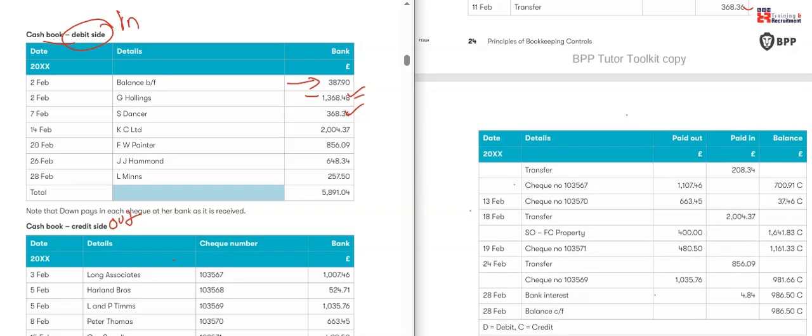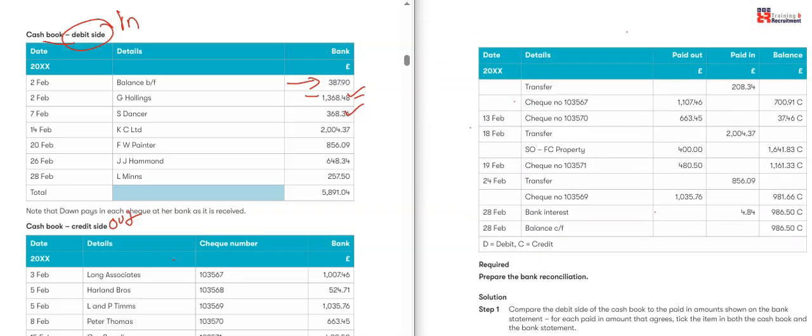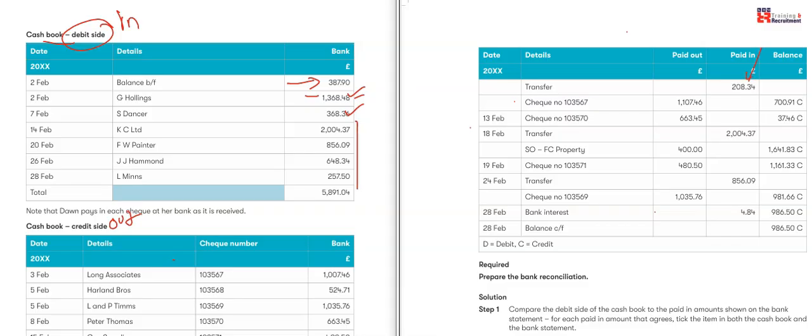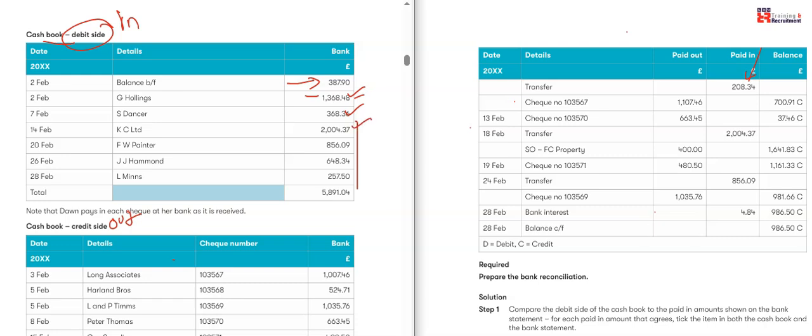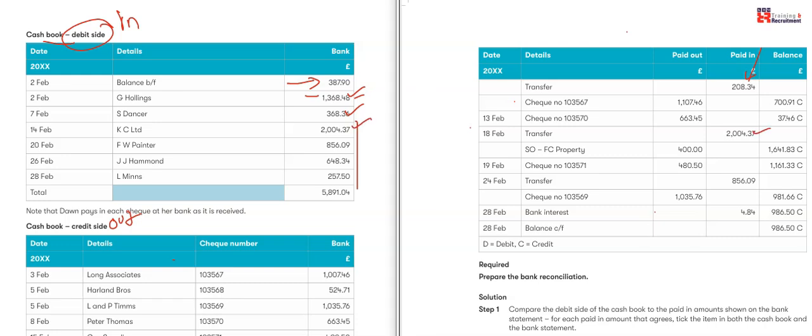Then going to the bottom on the right hand side, do we have the transfer of 208.34 over here anywhere? No, so it's unticked on the bank statement. So let it be like that. 2004.37 we have in both the bank statement and cash book.